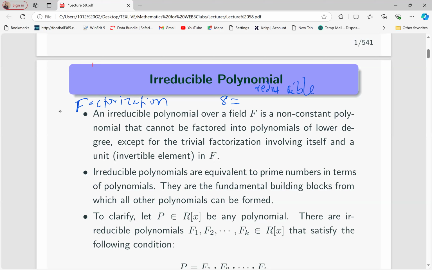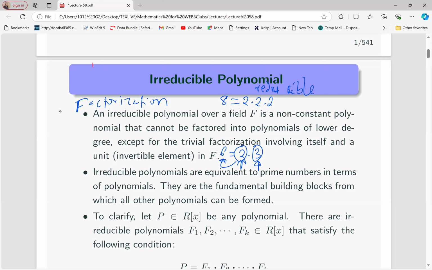It can be reduced to 2 times 2 times 2. A composite number 6 can be reduced to 2 times 3, where the 2 cannot be reduced further. The 3 here cannot be reduced further. So these 2 and 3 we shall now call factors. These are the prime factors of 6.